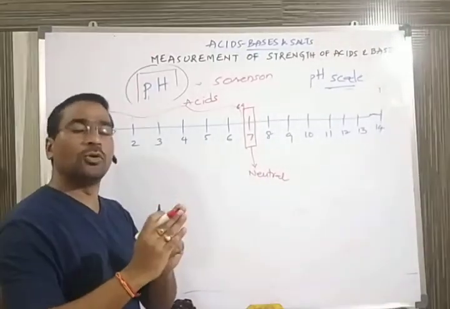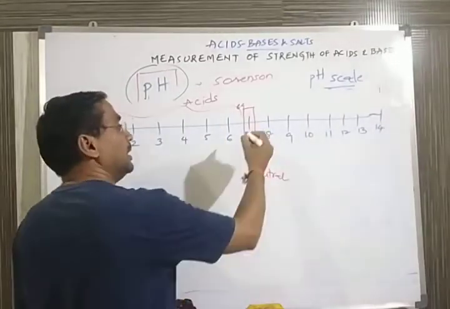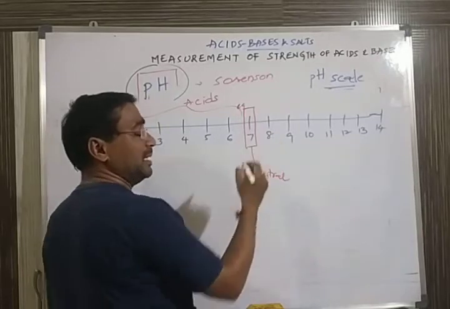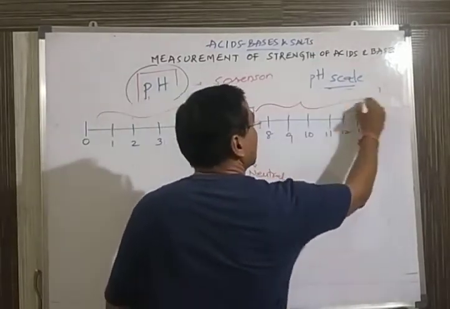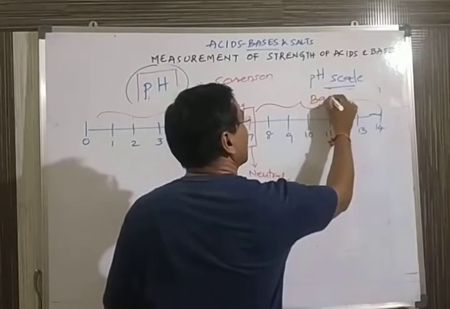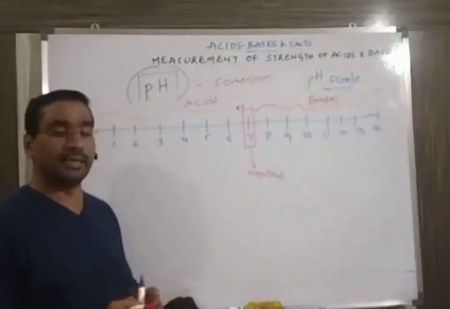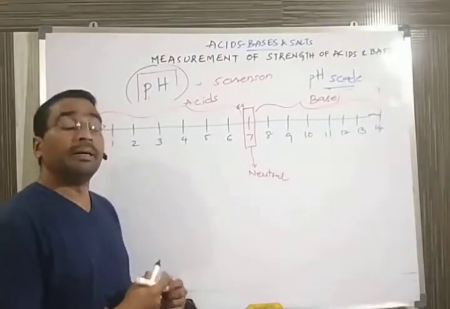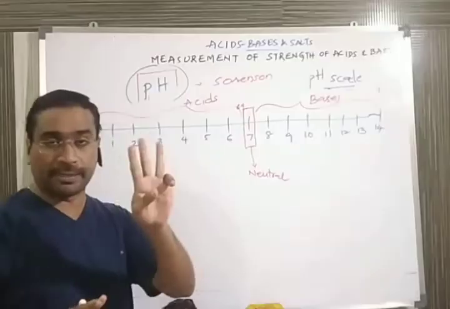So 0 to 6.9 is the acids. And those greater than 7, meaning 7.1 to 14, come under the bases, the basic nature. So by seeing this pH scale, we can differentiate three types of substances.